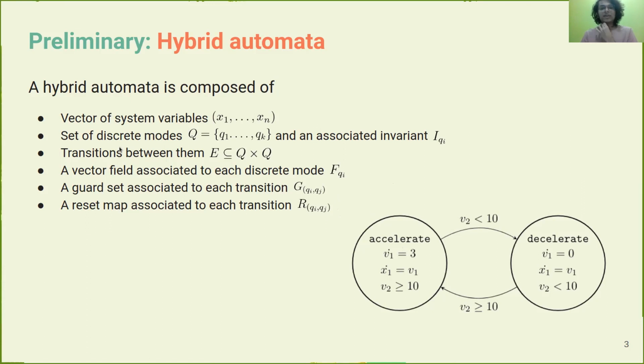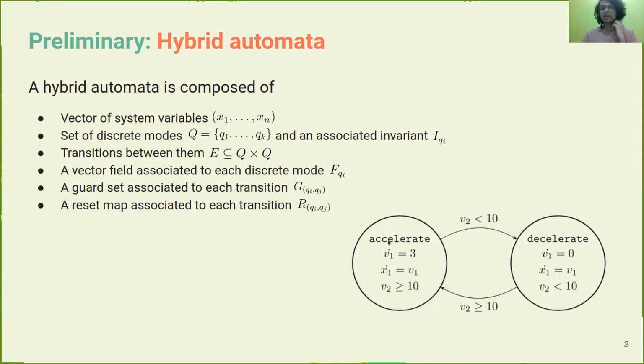And each of the discrete modes has an associated invariant. The invariant is simply a predicate over the system variables, and it states some property which holds to be true whenever the hybrid automaton, during its execution, is at a particular location. The invariant over the system variables holds true.